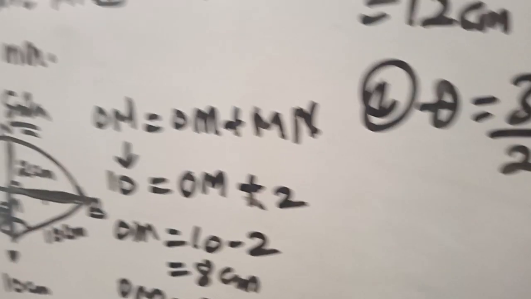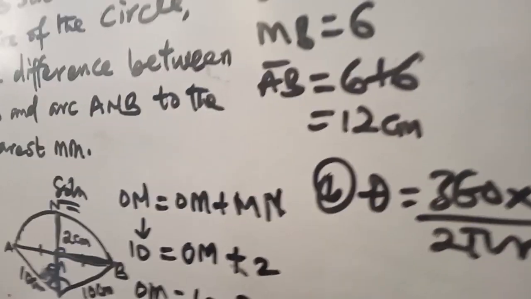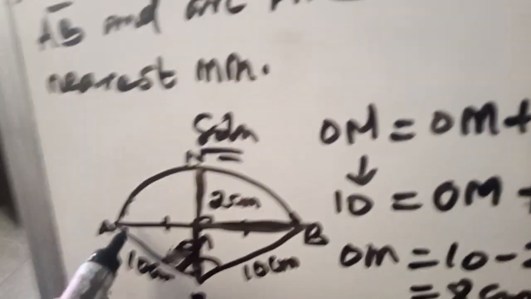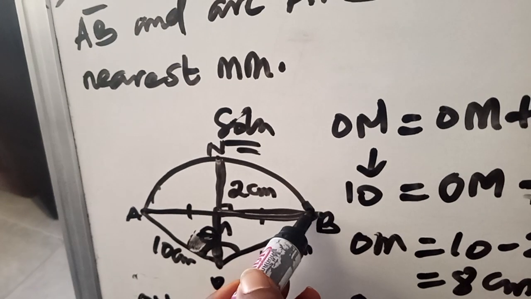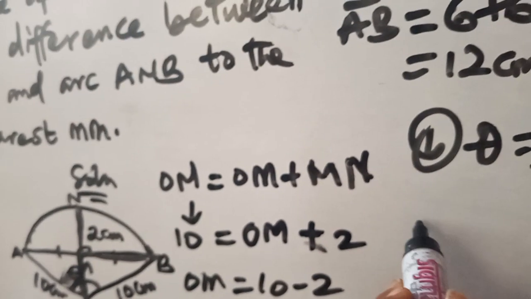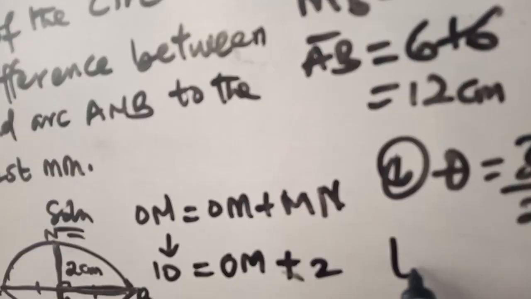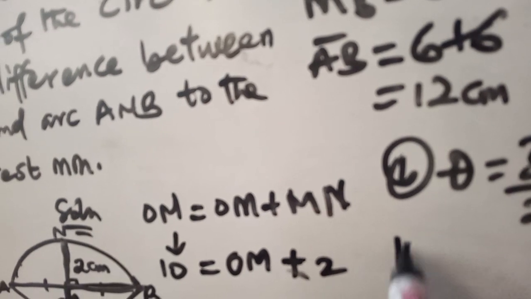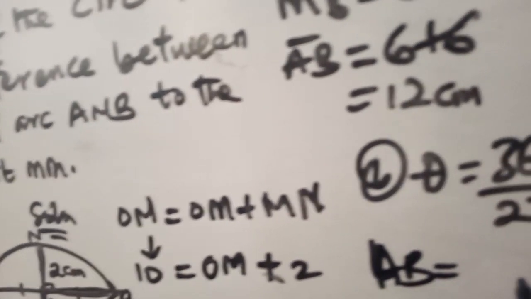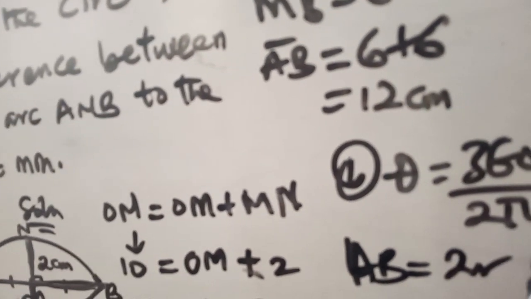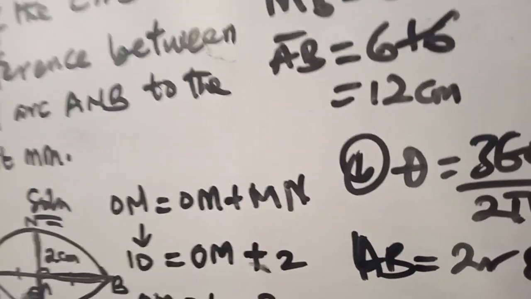So what we are going to use is that we have the length of the chord AB, and we have calculated it to be 12 centimeters, so we can use the formula for length of a chord. The length of a chord AB is equal to 2r sine theta divided by 2.